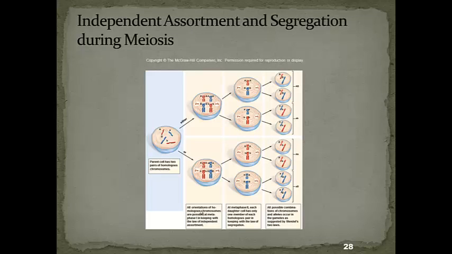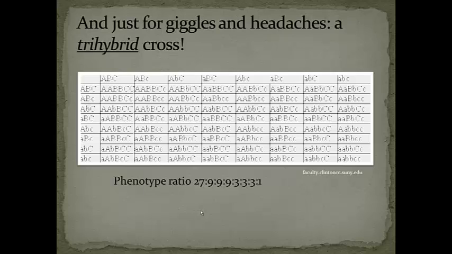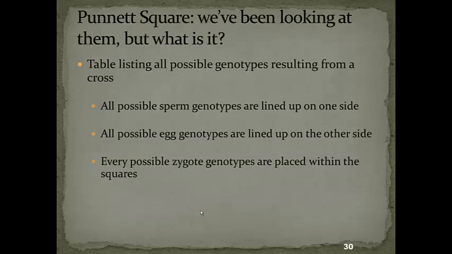And this is right out of chapter 10. I mean, we saw this. He figures out that each set of homologs arranges itself independently of all the other sets of homologs. Oh, and just for giggles and headaches, this is a tri-hybrid cross, just so you can see that people do go beyond how two traits are inherited together. We are not touching the tri-hybrid cross.